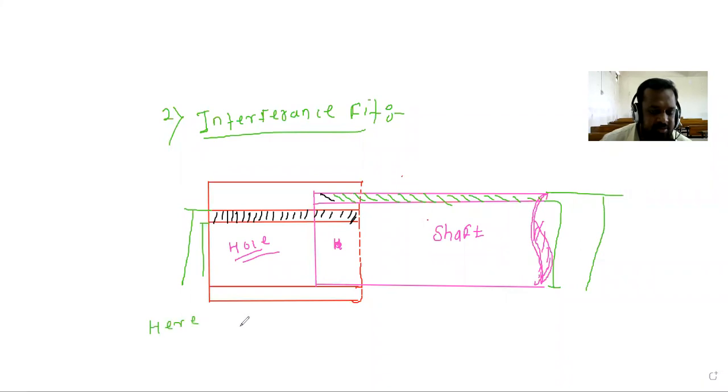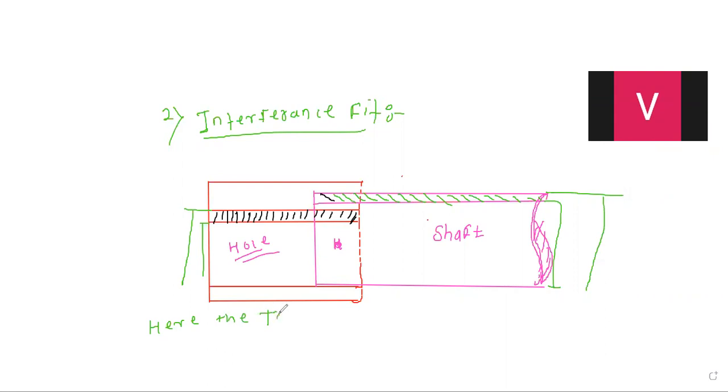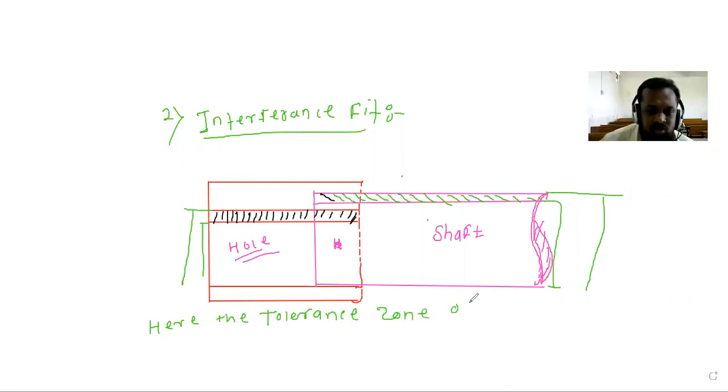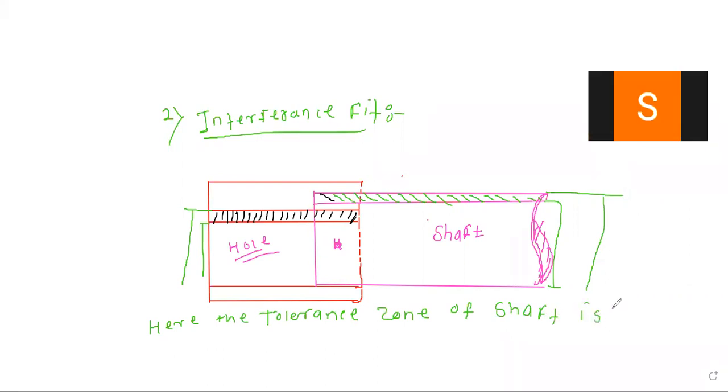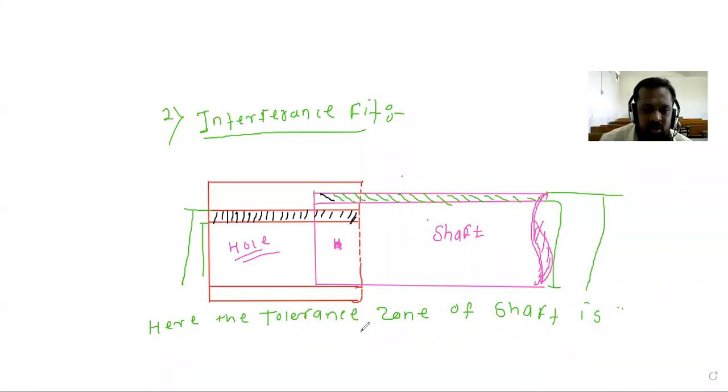In this interference field, the tolerance zone of the shaft is above the tolerance zone of the hole.